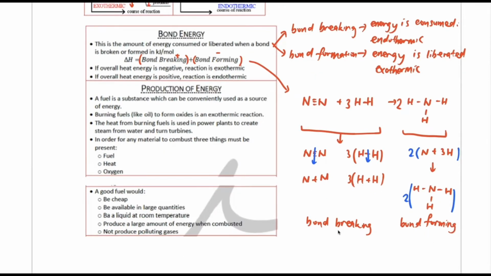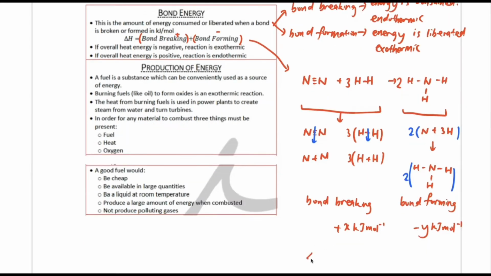This is positive. So let's say you count the bond breaking, you get positive X kilojoules per mole. You count the bond forming, it's negative, you get negative Y kilojoules per mole. Now you want to find delta H?